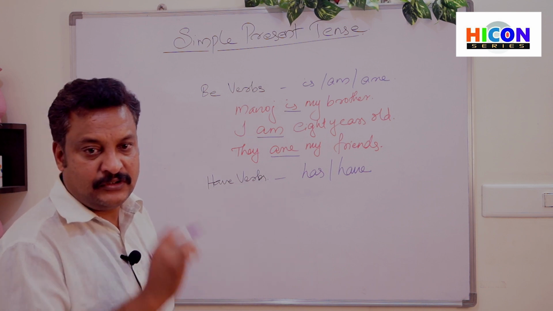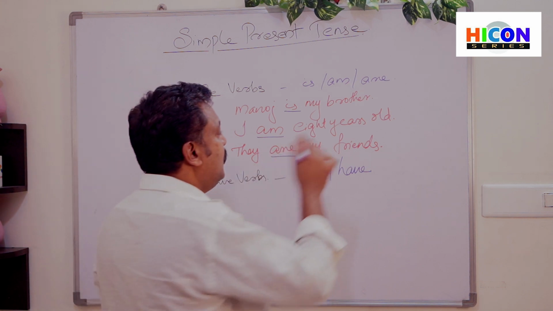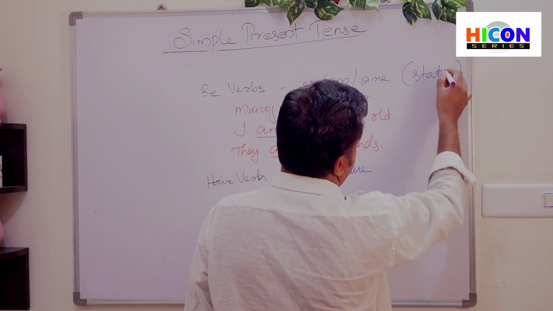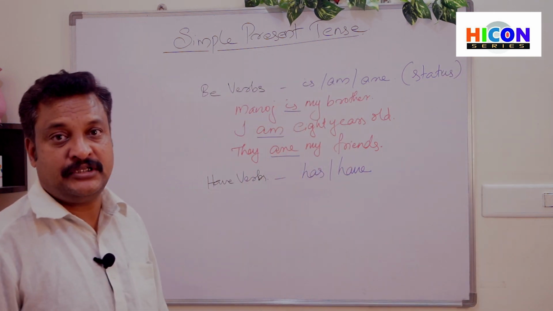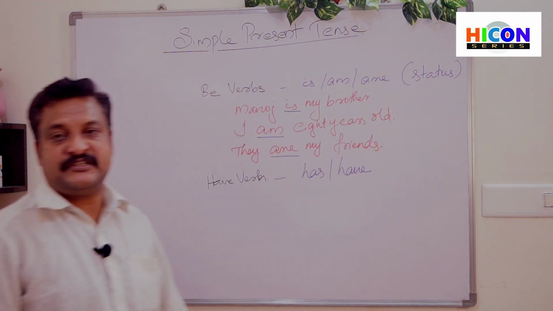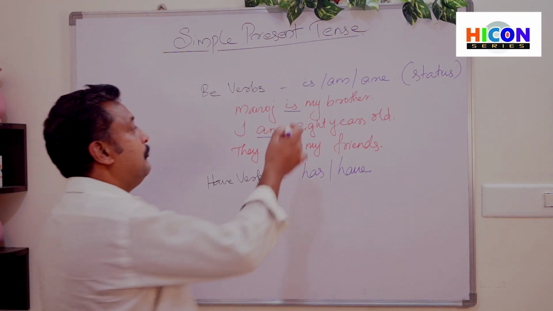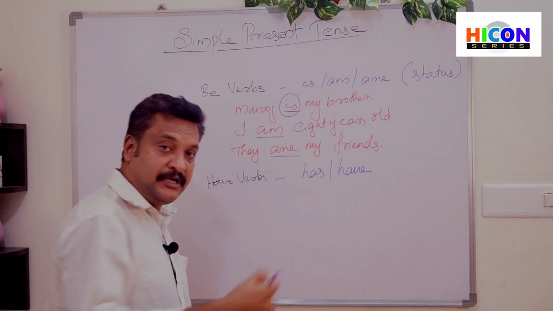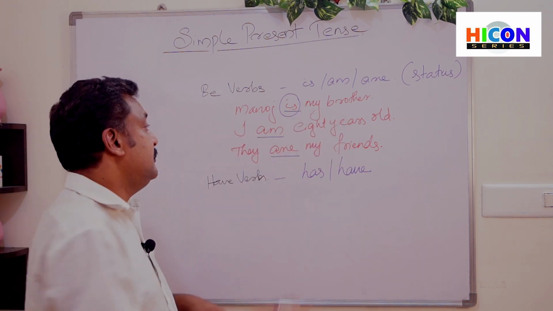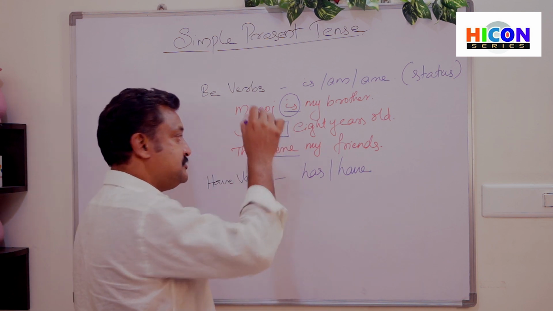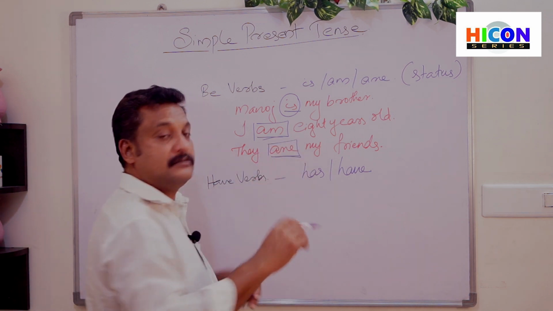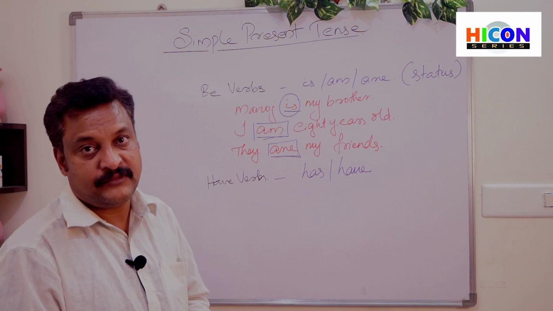Isn't it? So what these verbs basically show is the status. Isn't it? They basically show the status. So, be forms or be verbs are used for expressing status. Manoj is. So, who is my brother? Manoj is my brother. So, the status is Manoj is my brother. Here, the status is my age. Okay? Here, the status is who are my friends. Right?